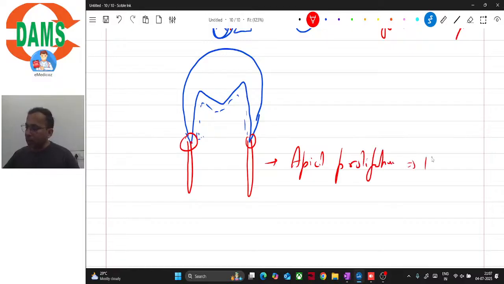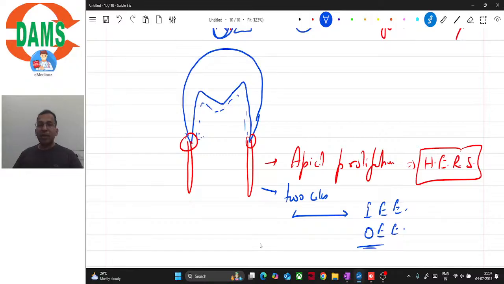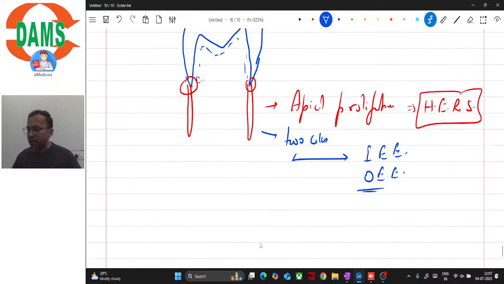is known as Hertwig's epithelial root sheath, HERS, isn't it? It contains just two cells. What are those? Inner enamel epithelial cell and outer enamel epithelial cells. So it lacks stellate reticulum and stratum intermedium. And what is the role of HERS?